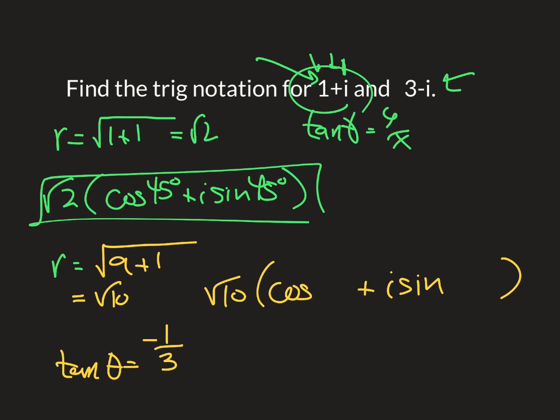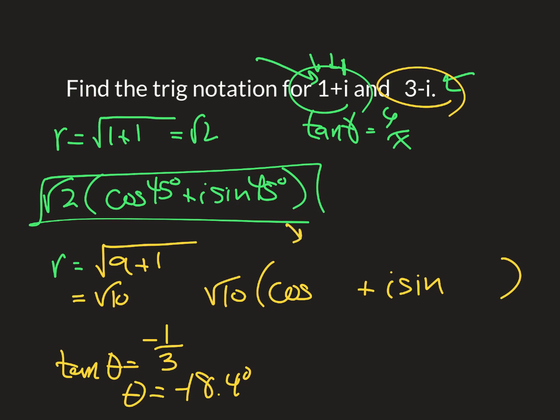Now, before I do that, think about where that point is. That's quadrant 4. There's a good chance your calculator's not going to give you a quadrant 4 answer. It will, but not the kind we want. So I'm going inverse tangent, negative 1/3, and I get theta is negative 18.4 degrees. All right, so I do not want to put a negative angle up here.